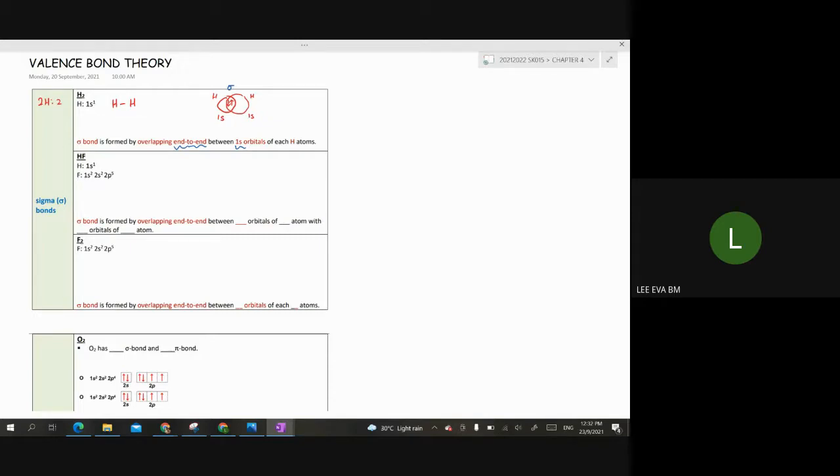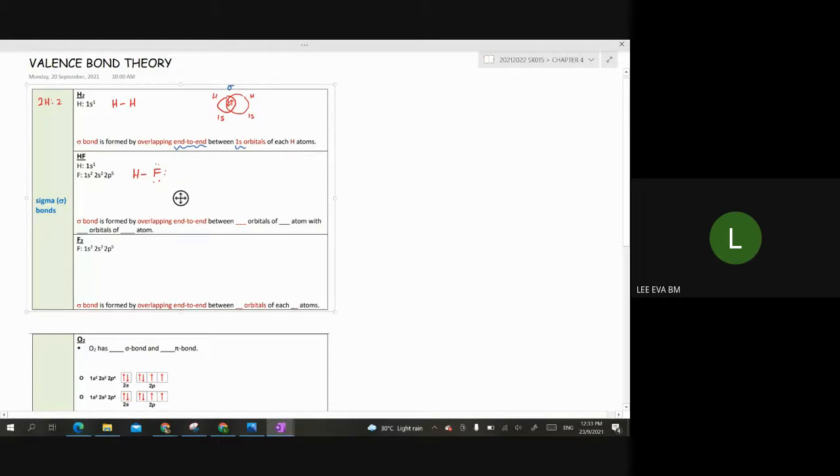Second example for sigma. Now we combine H and F. So look at its Lewis structure. Let's change the colour back to red. Okay, so now your Lewis structure for HF looks like this. 8 electrons altogether, 7 from fluorine, 1 from hydrogen.